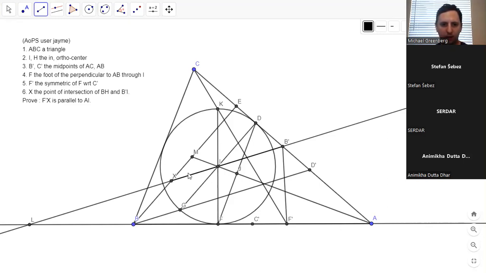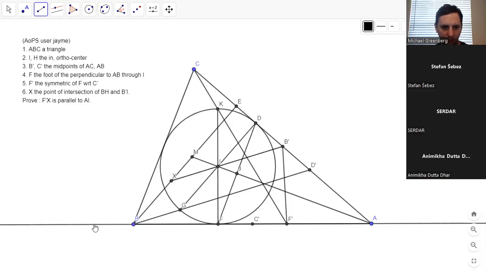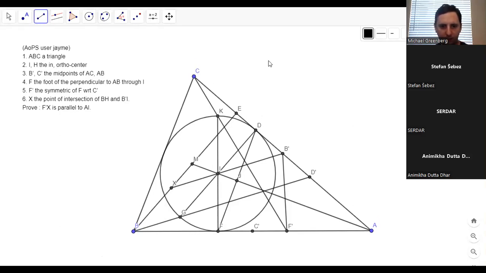BF is equal to AF prime. And okay. So let me delete L. Okay. So BX over XM.